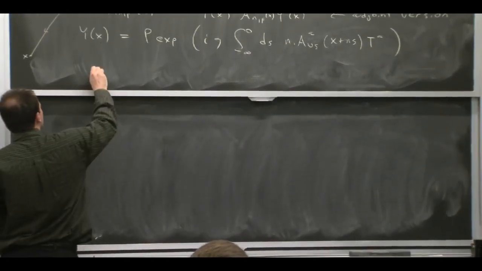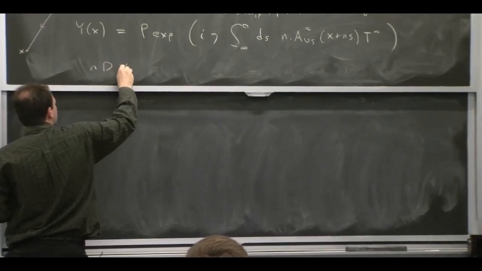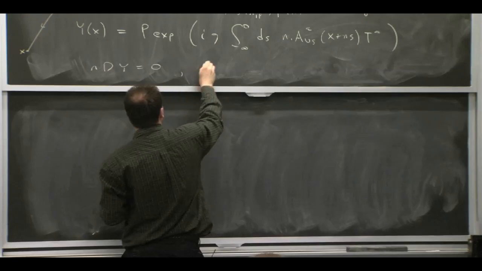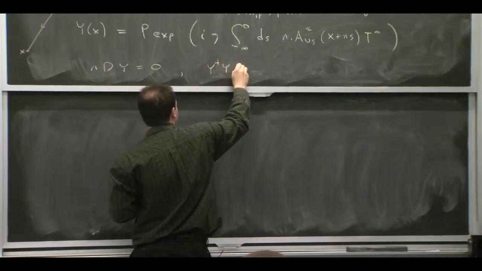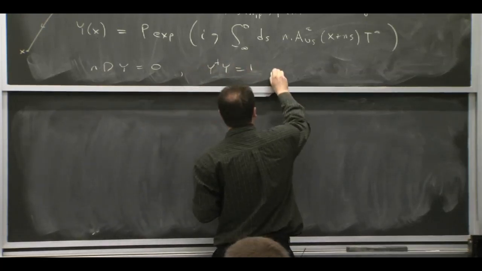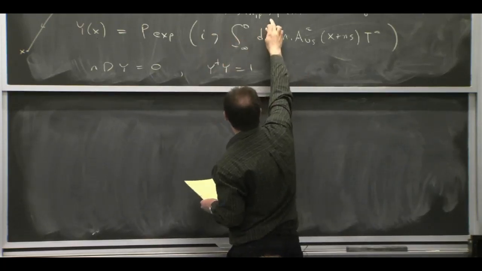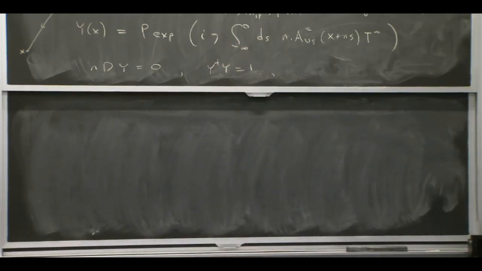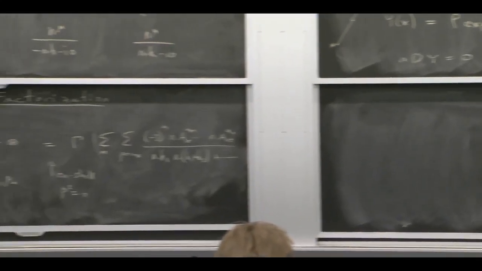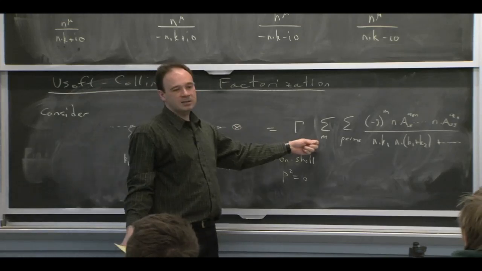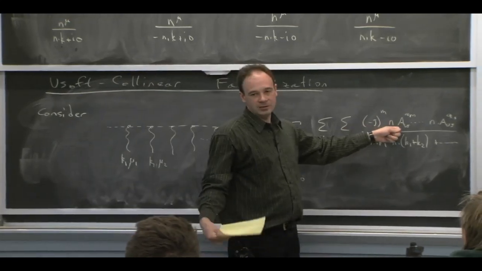And so this Wilson line, like any Wilson line, has an equation of motion, which is this. It satisfies Y dagger Y is 1. And if you go through with our transformation for the collinear gluon, which I could have also motivated in this way, if I'd gone through the calculation where instead of having a collinear quark here, I had a collinear gluon, I would have found exactly the same thing, except all these a's would be in the adjoint representation.